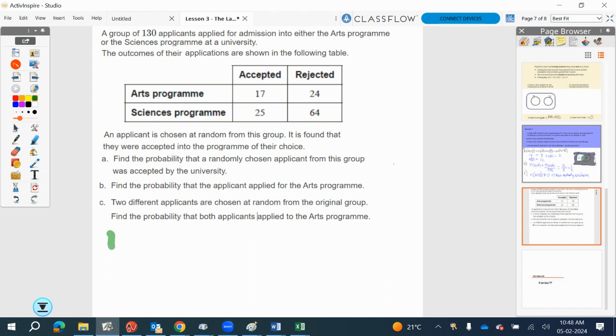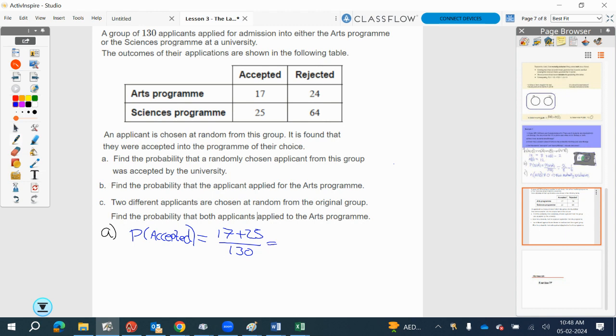So for A, the probability that they are accepted is going to be 17 plus 25 over 130.